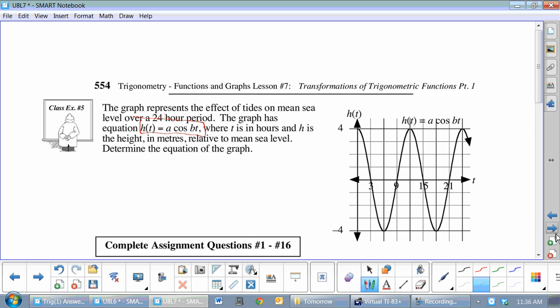So what would be the equation to find out at any time the height of the tide, okay? So height of T, this is what height of T stands for, A cos B T. Now, which one of those letters am I most concerned about if I'm a ship?